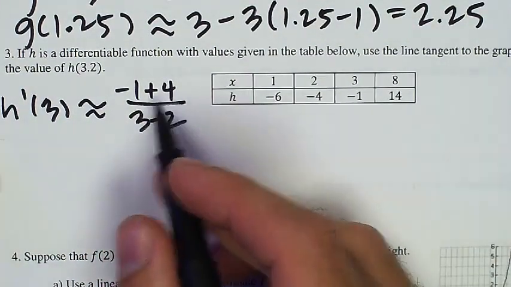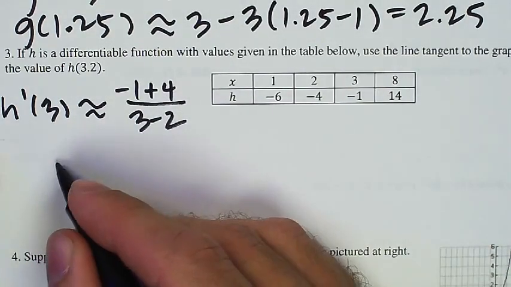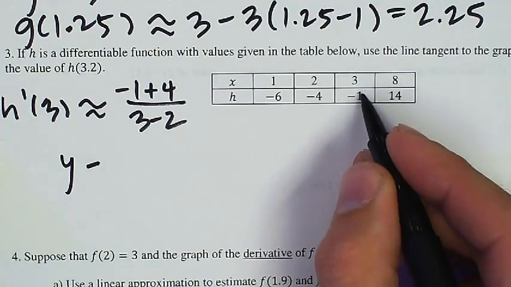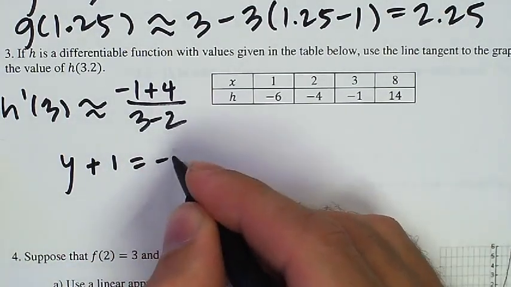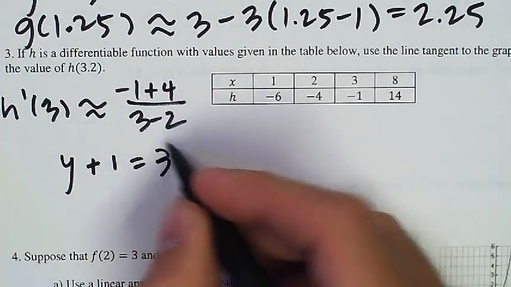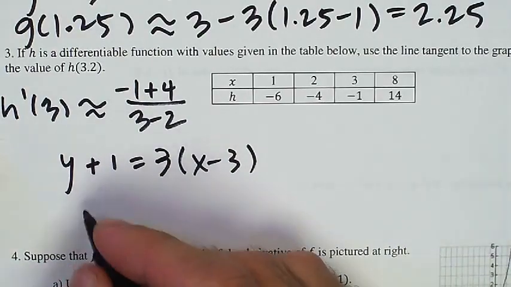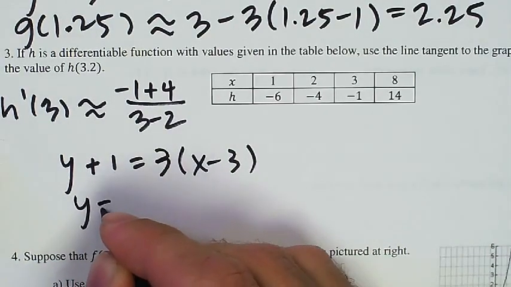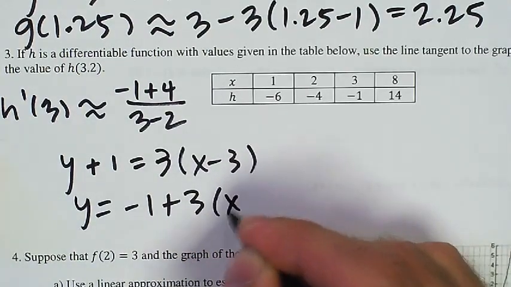And that's 3 over 1, and that's 3, okay? So y minus the y coordinate at 3, so y plus 1 equals 3, positive 3, times x minus 3. And this is strange. Okay, so y equals negative 1 plus 3 times x minus 3.